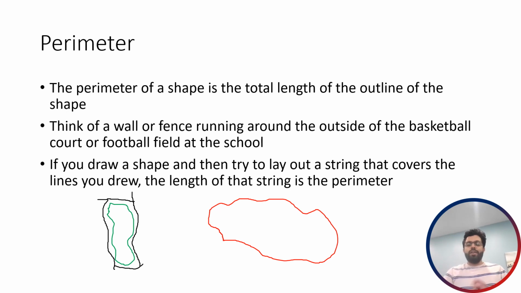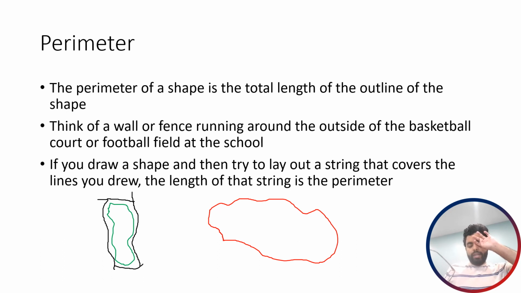And you could think of that for anything with a weird shape. It could be a regular shape, like a rectangular base, like the school or a football field, and you just want to walk around the outside of the field. But it could also be a different shape that doesn't necessarily have straight lines.